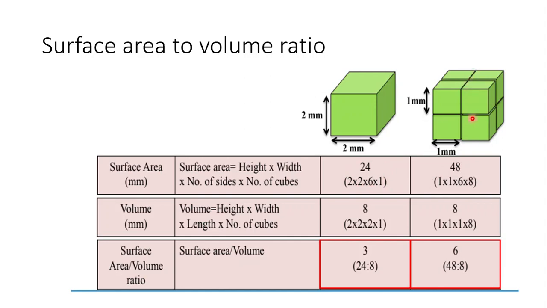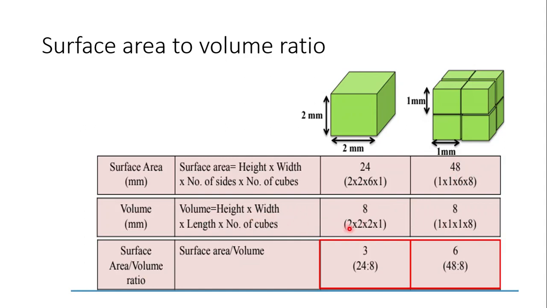But when I divide this cube into 8 cubes, the surface area of all these cubes now becomes 48. Height is 1, width is 1, 6 is the number of sides of each cube, into number of cubes is 8. So it becomes 48. However, the volume will remain the same.